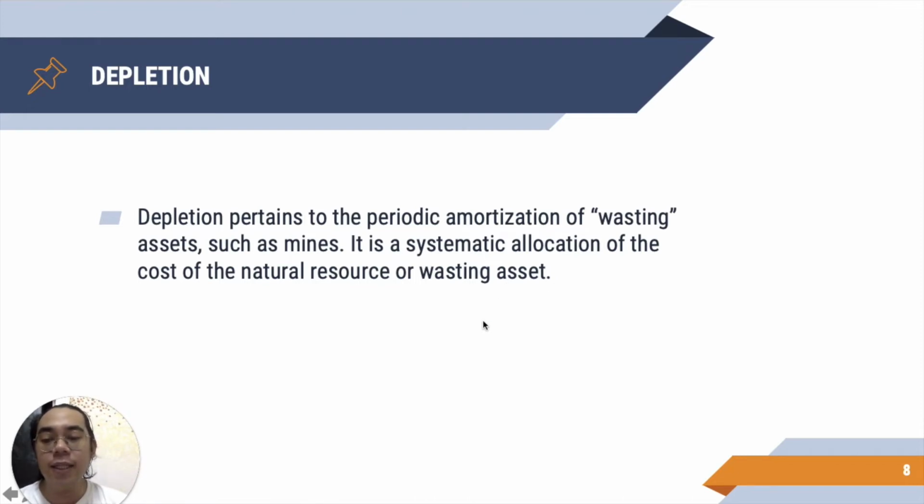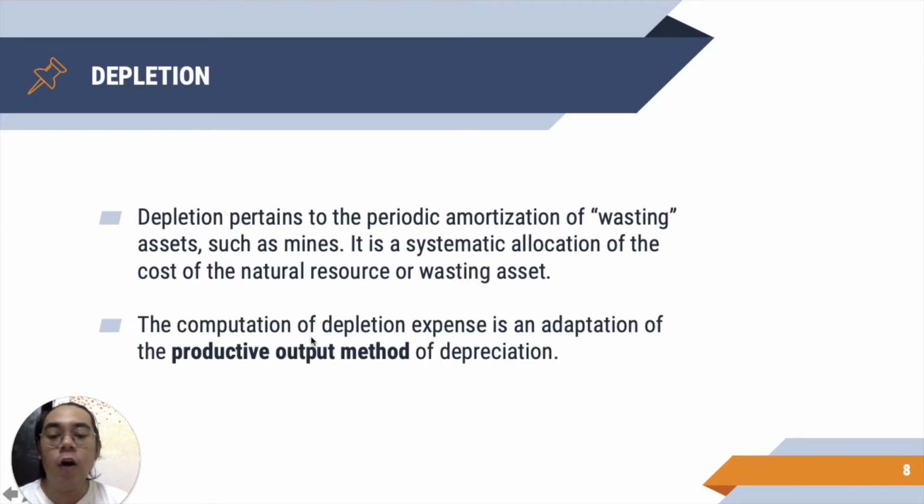So para lang din itong depreciation, it's just that it pertains to a wasting asset. The computation of depletion expense is an adaptation of the productive output method of depreciation. So normally, kapag we compute for depletion, the method that we use is the output method based dun sa ilan yung napoproduce or na-extract na mineral resource.